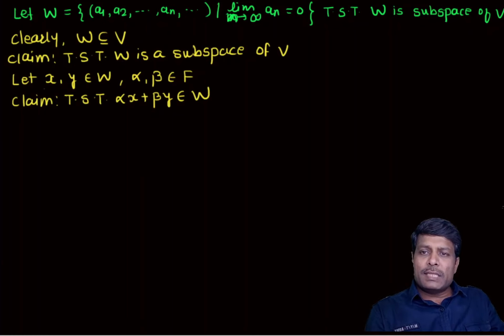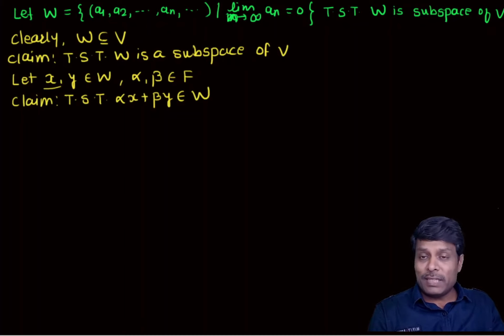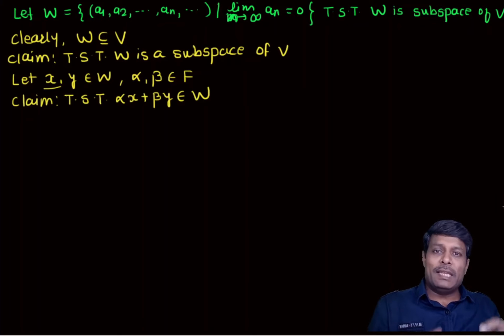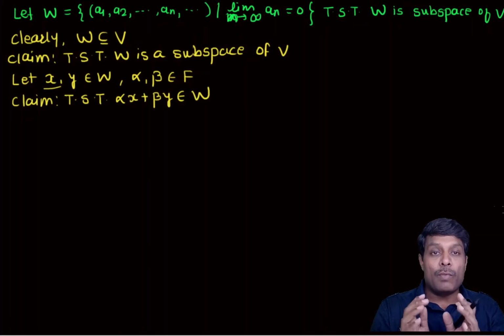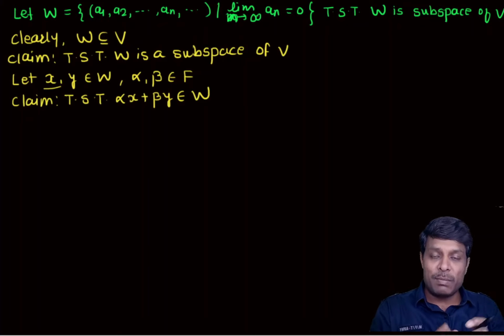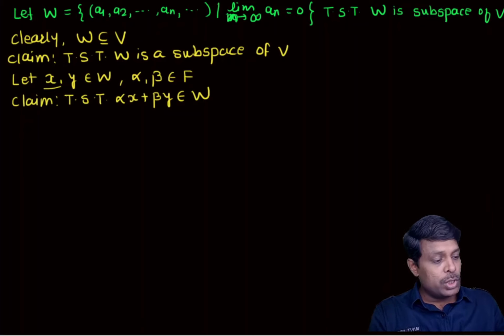Here X is a member of W. It means that all the elements of W are infinite sequences. So that element I am denoting by X. It means that X is a name of one particular sequence which is coming from W.